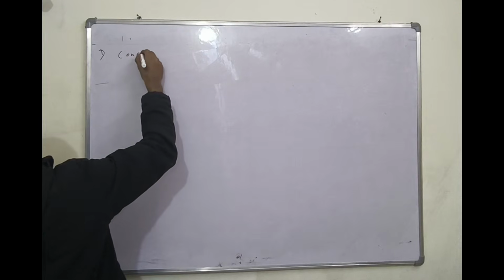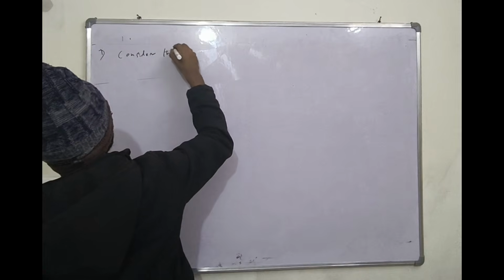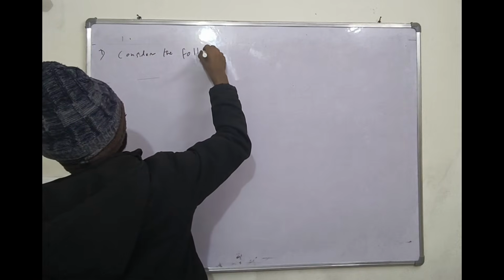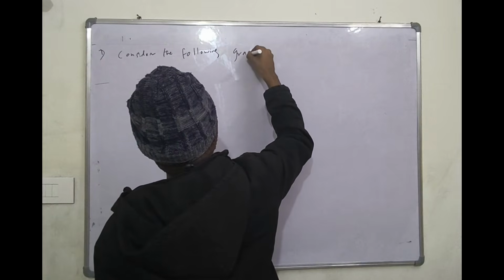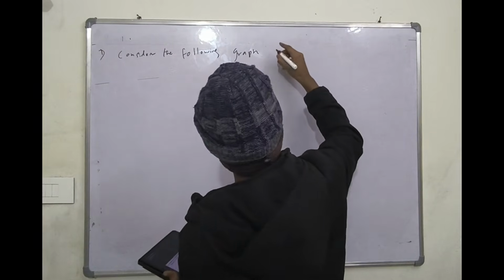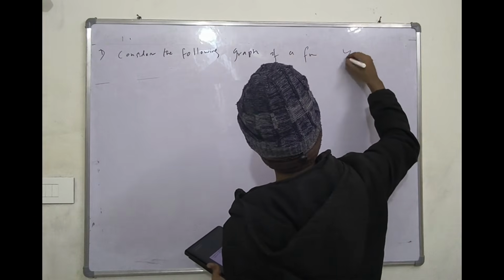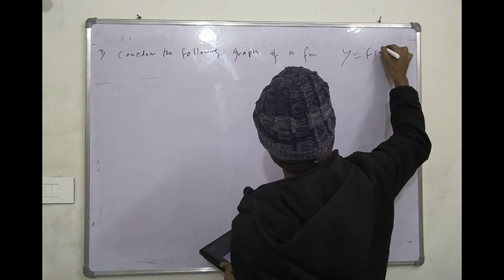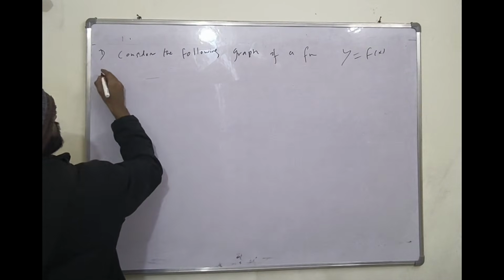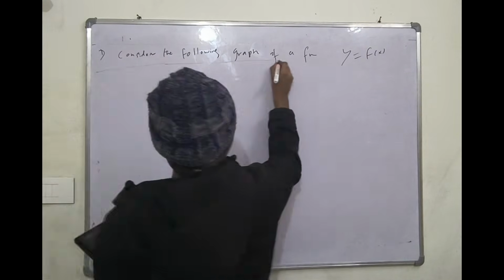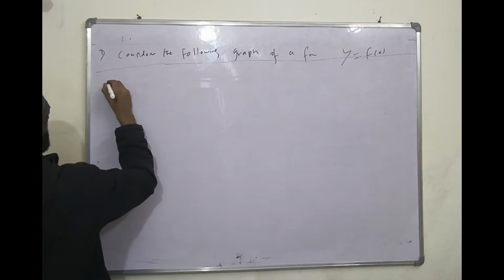Consider the following graph of a function y equals to f of x. Which of the following options are right? Given some function y equals to f of x, they are asking which of the following are correct options.